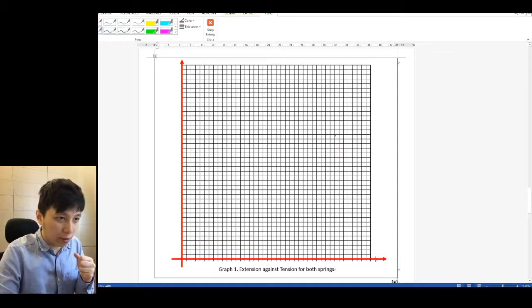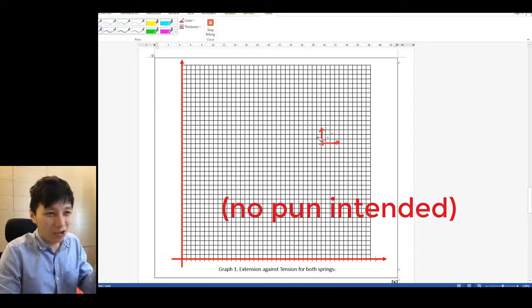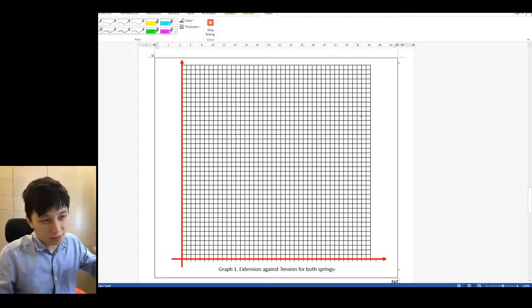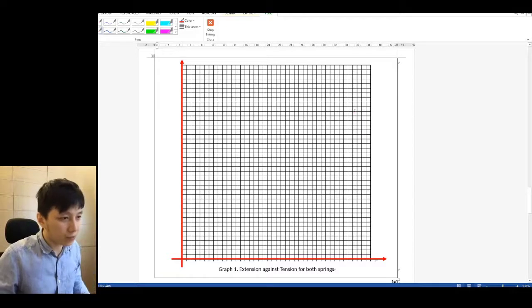Imagine if you make a graph that is this tiny, then those data points are pointless, right? It's not meaningful, because that is not going to be very accurate. With the many grids that you have, the data points that you plot are going to be more accurate.